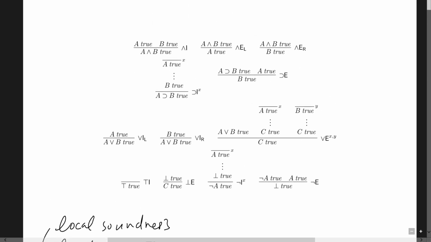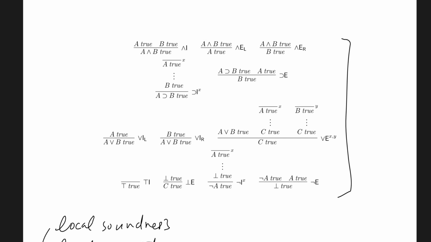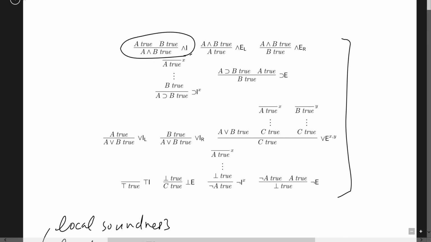So we have developed this system of inference rules based on the natural deduction style. And there are many elimination rules. Given an introduction rule, we have designed these elimination rules.